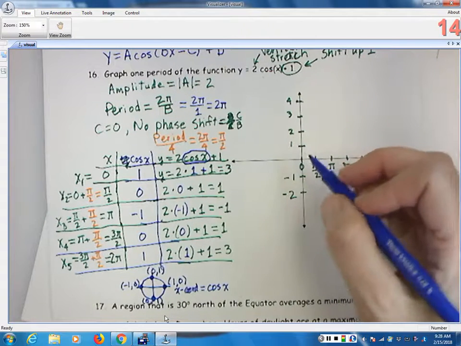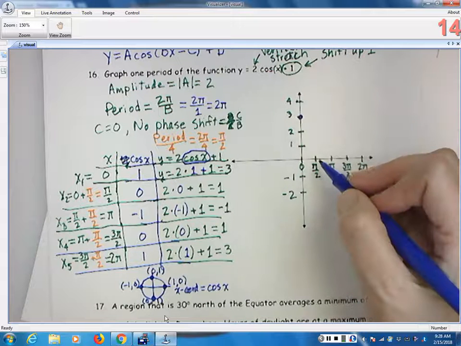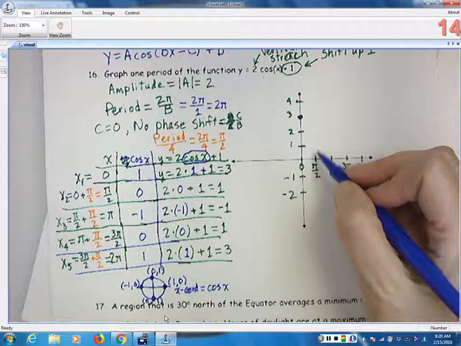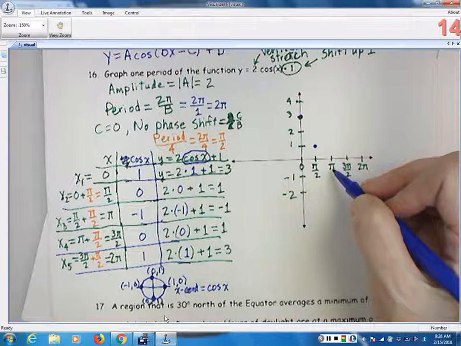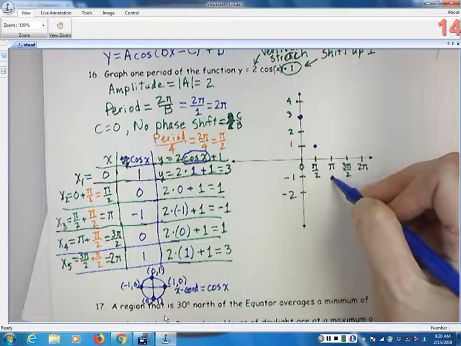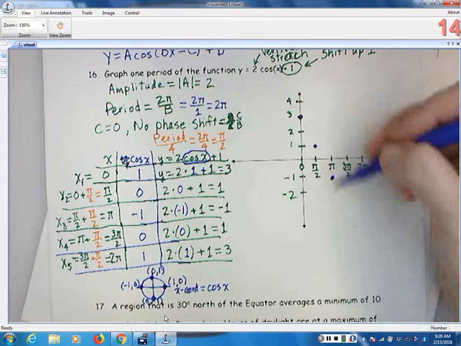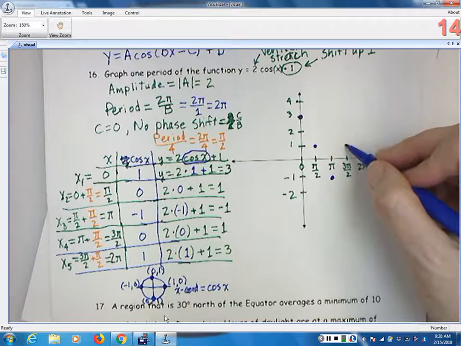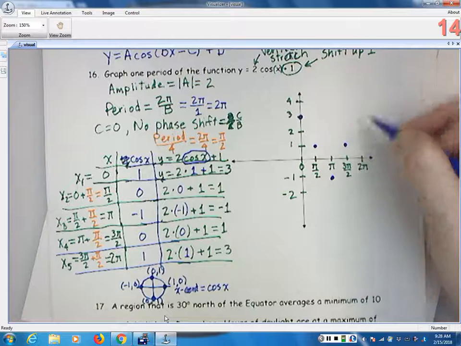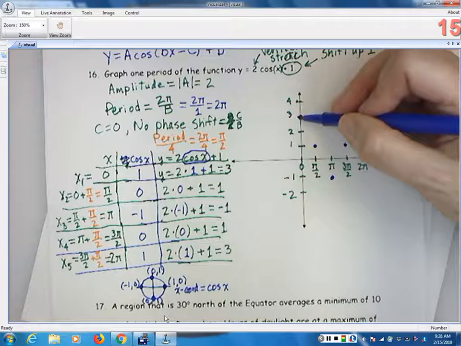Okay, so 0, 3, pi over 2, 1, pi, negative 1, yeah, that's cosine. 3 pi over 2, 1, and 2 pi, 3. And it's a smooth curve.